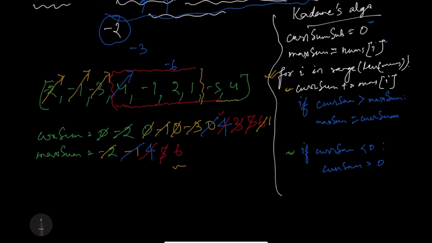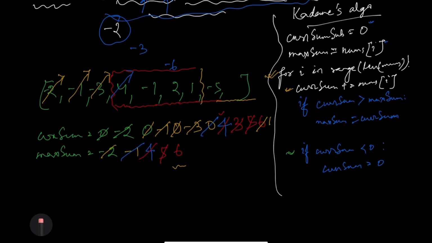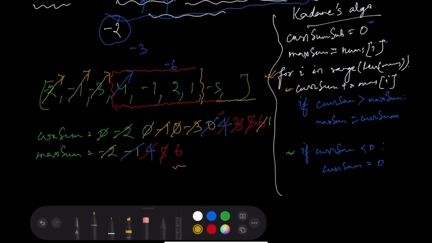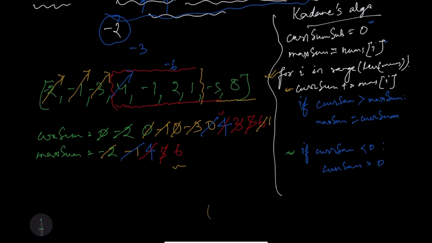If we have a 4 here, then our 1 would just be added and we would be having a 5. But imagine, instead of 4, we have something like 8. So what will happen here?